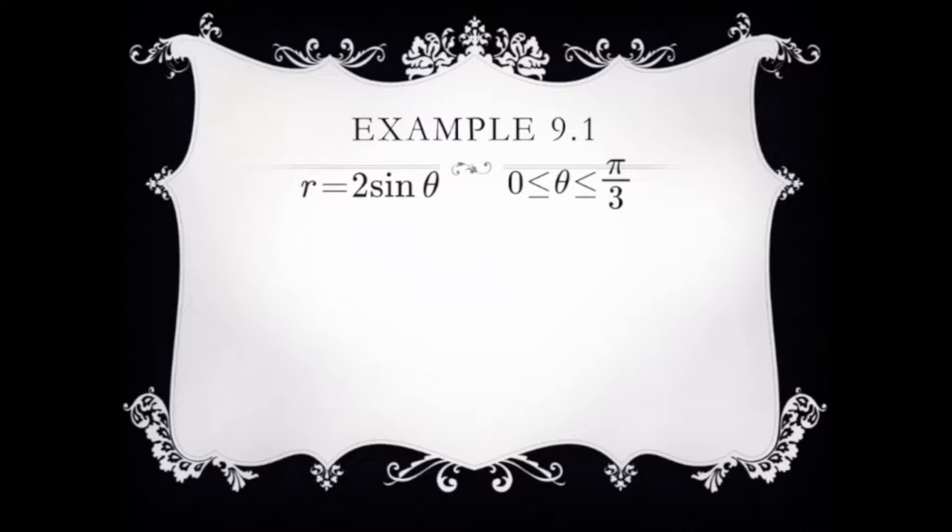Okay, so the first example that we are going to do for surface area of a polar function is this polar function, r equals 2 sine theta. In this first example, we are going to rotate the entire function around the x-axis, which is why the radius will be the y of this function.